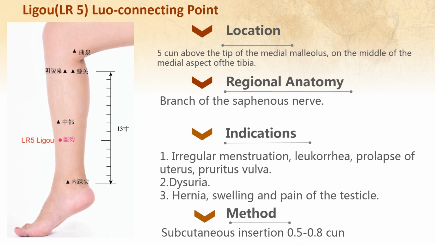Ligou LR5 is the connecting point of this meridian, and its location is 5 cun above the tip of the medial malleolus, on the middle of the medial aspect of the tibia. Its regional anatomy is a branch of the saphenous nerve.